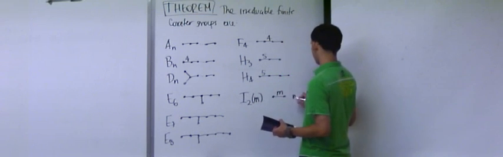Then there's another one called F4, which looks like this. There's another one called H3. Looks like this. H4 looks like this. And I2 of m looks like this. And that's it. These are all the finite Coxeter groups.